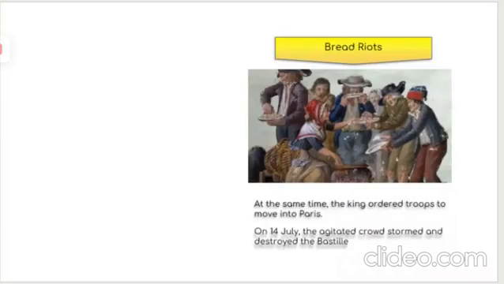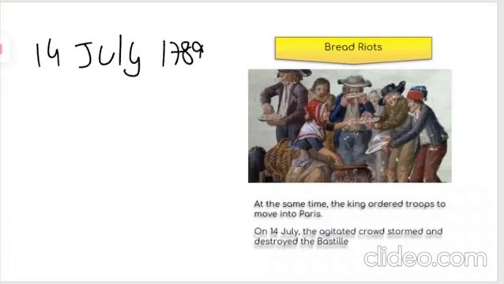Now we are coming towards our next date, which is 14th July 1789. There was a bad harvest in France, so the prices of bread rose. The bread price was touching the sky.